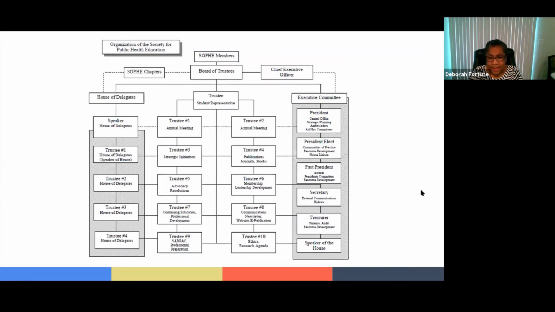The immediate past president also co-chairs the Executive Resource Development Committee. And our secretary, in addition to taking notes and so forth, serves as external communication and also on the bylaws. And our treasurer definitely also works with the Resource Development Committee.